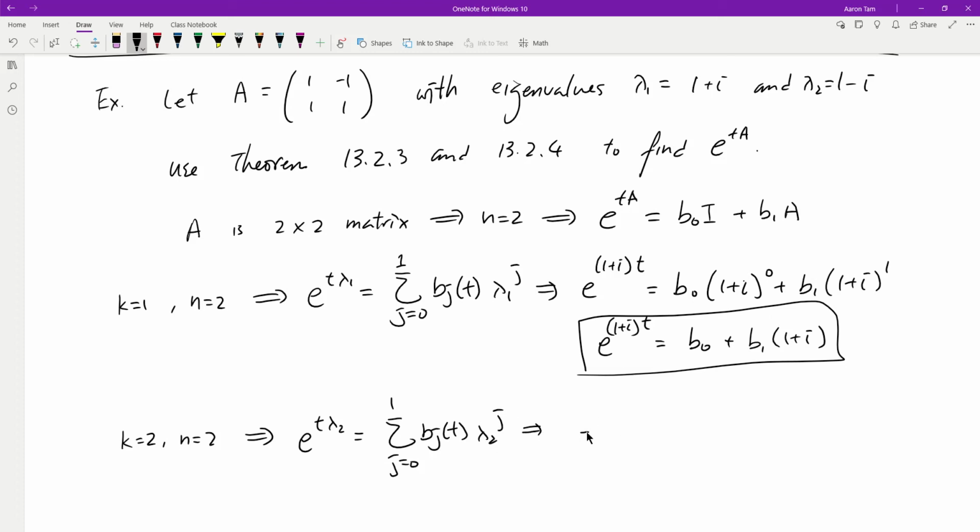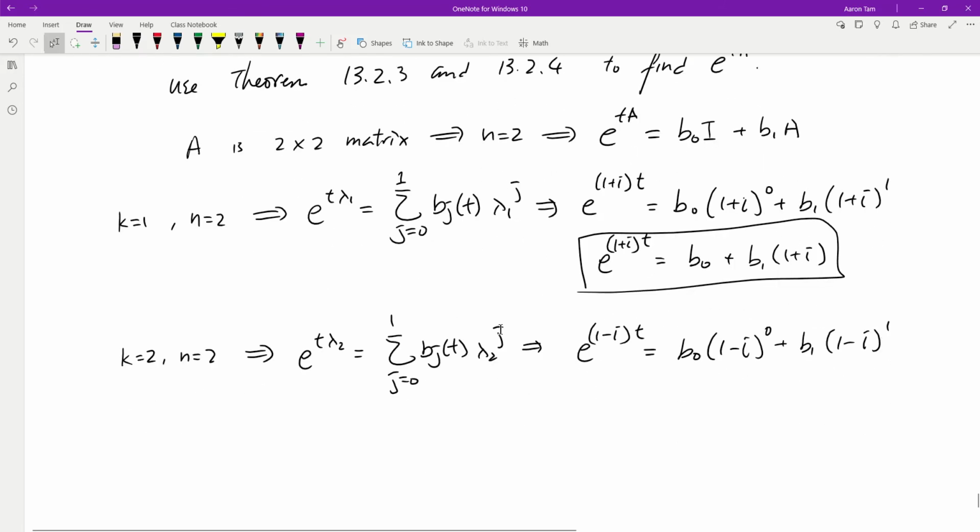So that becomes e to the (1 minus i)t equal to b sub 0 times (1 minus i) to the 0 power plus b sub 1 times (1 minus i) to the first power. So this one comes out to be e to the (1 minus i)t equal to b sub 0 plus b sub 1 multiplied by (1 minus i).